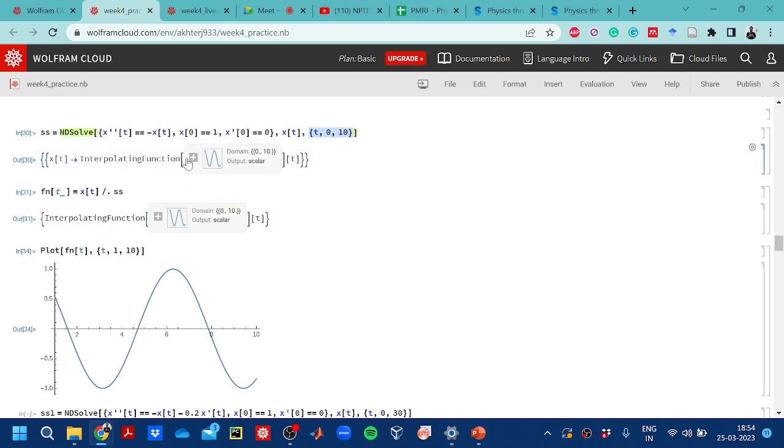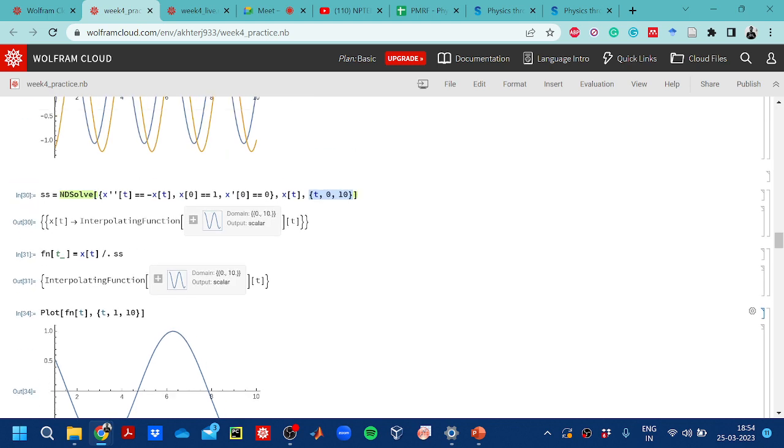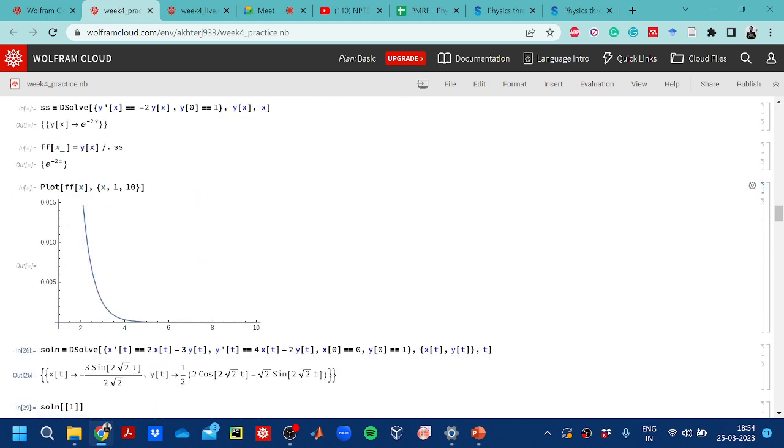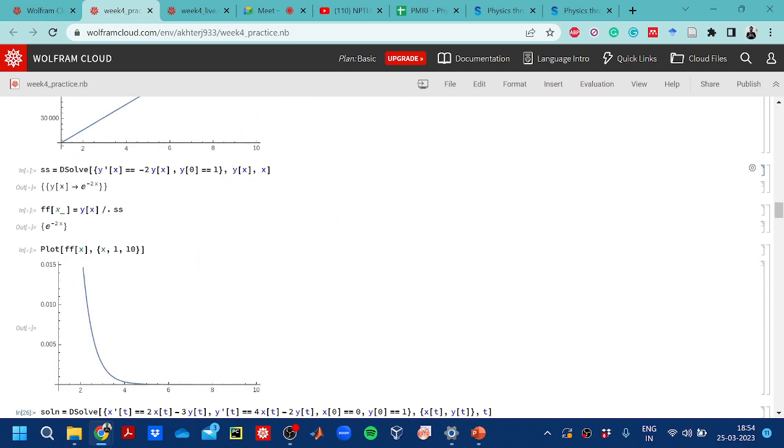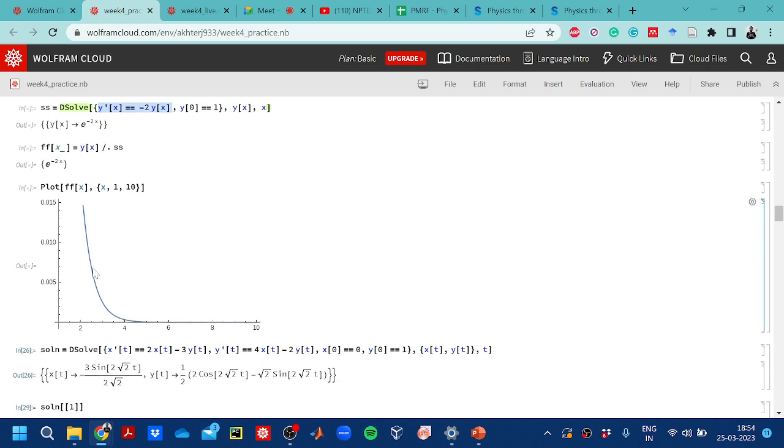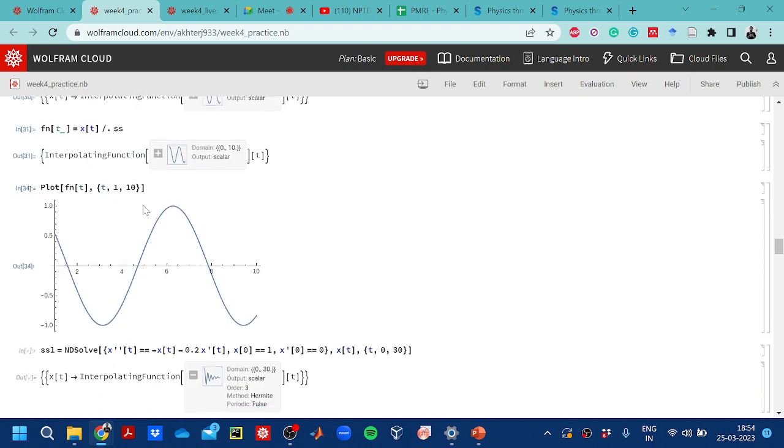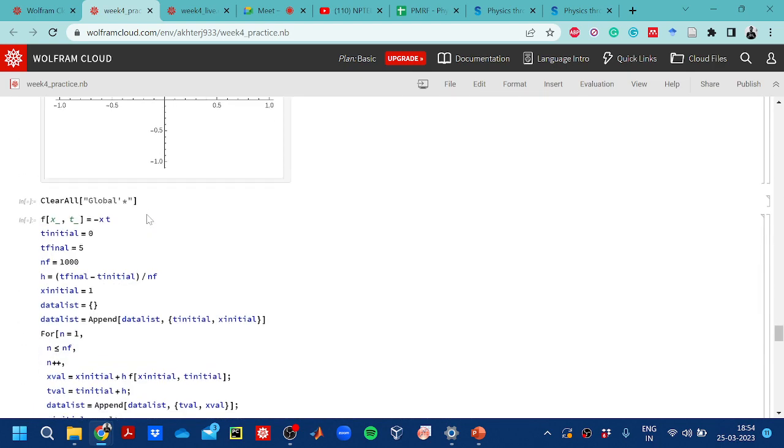So in this way we can solve any kind of function, and we can get how the function looks like as a function of time. So this is one example also. We have this equation, and we can see how the function looks like. So there might be other.